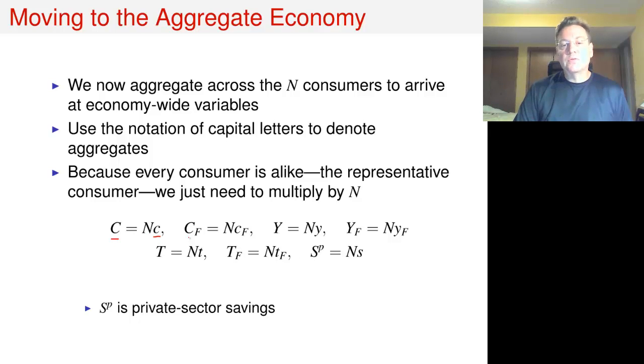Same thing for future consumption, same thing for total income. So this is going to be GDP in the economy as a whole, whereas this is an individual's income. And future income, now we have aggregate taxes today, aggregate taxes in the future, and we have aggregate savings.